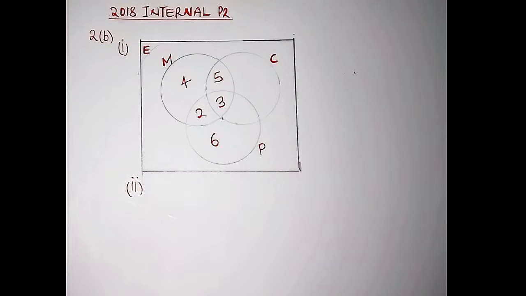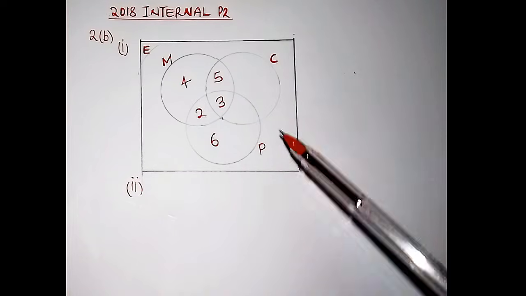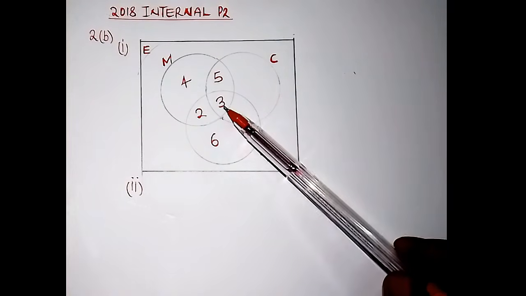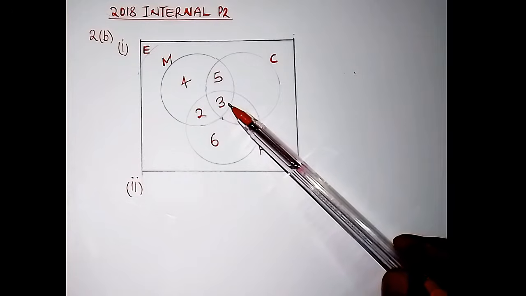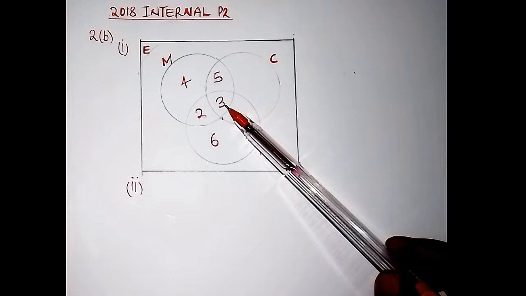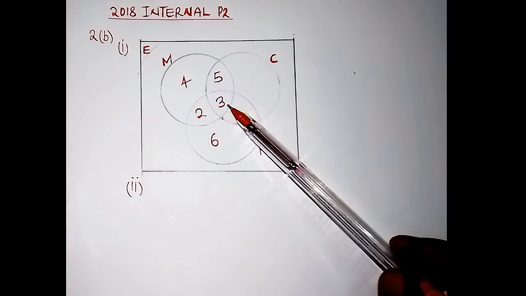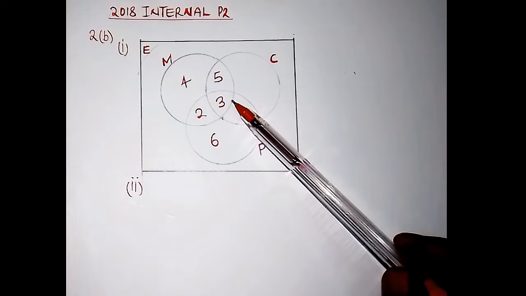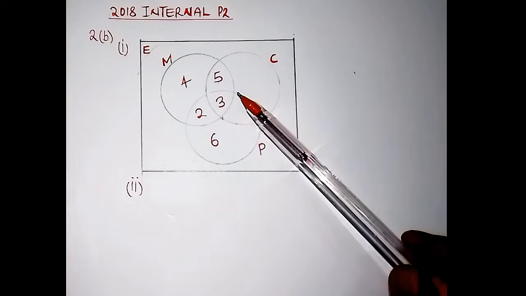All we use is the Venn diagram, and here in physics there are three numbers. There is 3, and this 3 in physics just indicates that these are the students who are doing all the 3 subjects. So it's not just physics but even mathematics and chemistry.